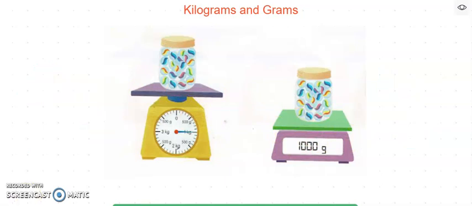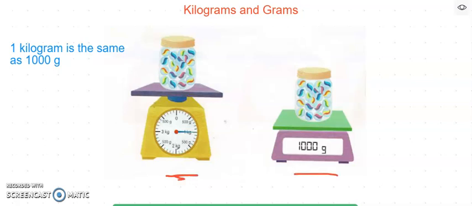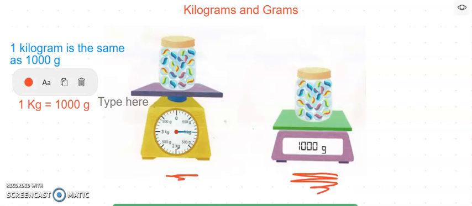So I would say 1 kilogram is the same as 1000 grams. This is 1 kilogram. This is 1000 grams. Here it is.